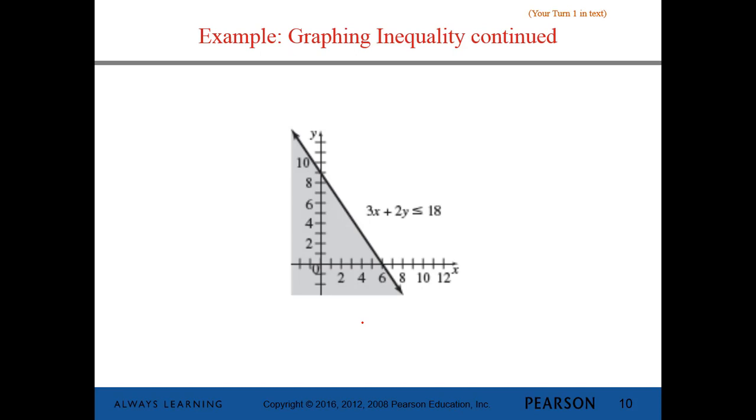Or you can leave it in standard form and use the intercept method to plot the x and y intercepts, and then use a test point to see if the test point gives a true statement or a false statement. If it gives a true statement, you know that everything on that side of the line is a solution. If it gives you a false statement, then you know everything on the other side of the line is a solution to the inequality.